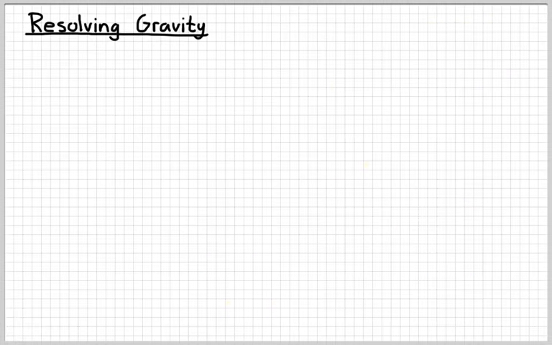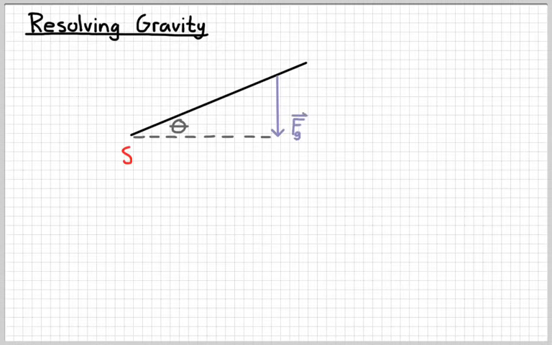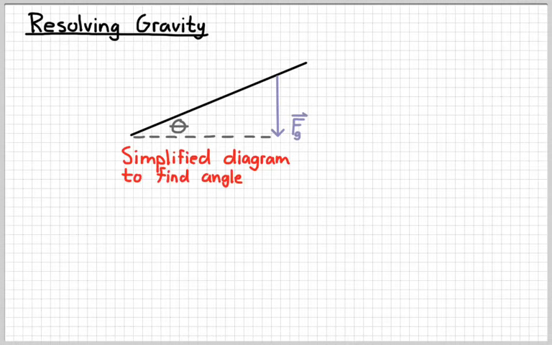So how do we resolve the gravitational force? We consider just the force of gravity, like that. We can figure out the angles that would be in our vector diagram. So this angle here, theta 2, would be 90 degrees minus the angle with horizontal, the gray angle. I'm going to leave that as theta.